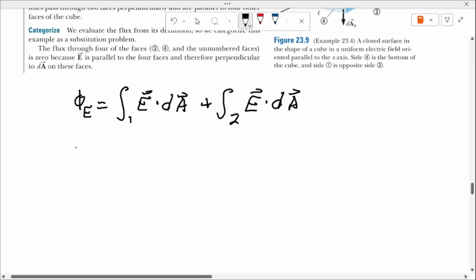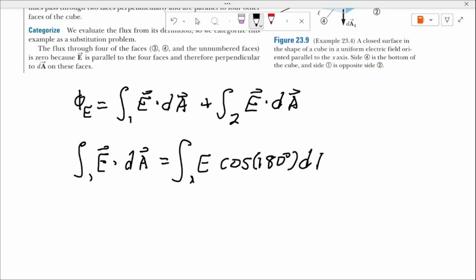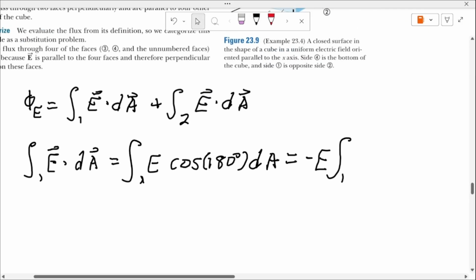We can rewrite our first integral as the integral over side 1 of E cosine of 180 degrees times dA, which equals, since the cosine of 180 is -1, and since E is constant over the whole surface, we can pull it out of the integral, so it equals -E times the integral over face 1 dA.